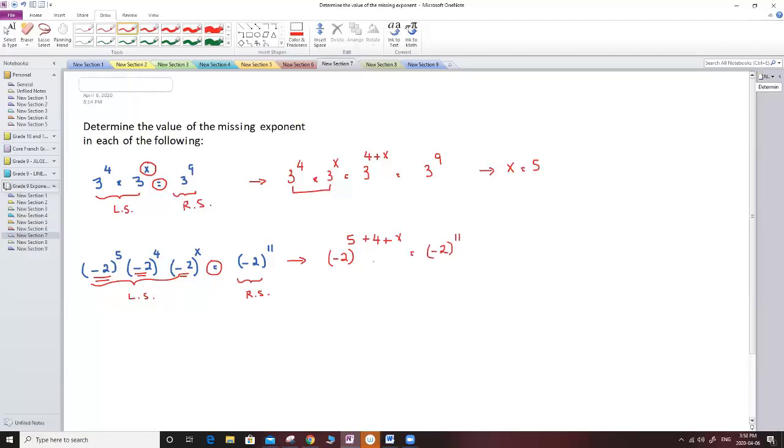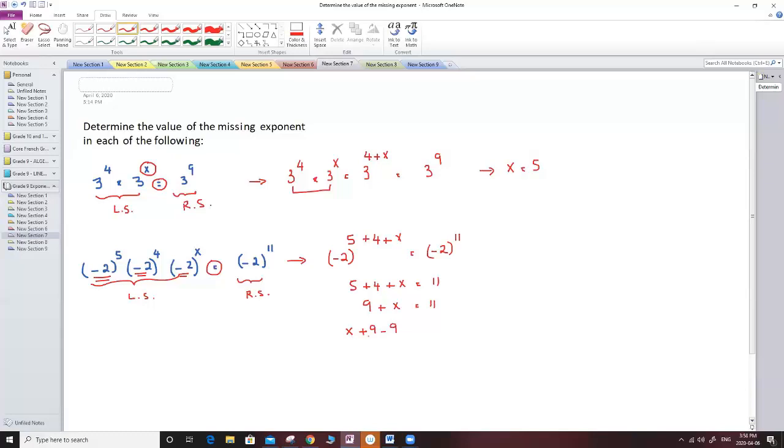That means 5 plus 4 plus x has to equal 11, which means 9 plus x has to equal 11. And you know it from the inverse method. I can reduce the 9 from each side to isolate x.